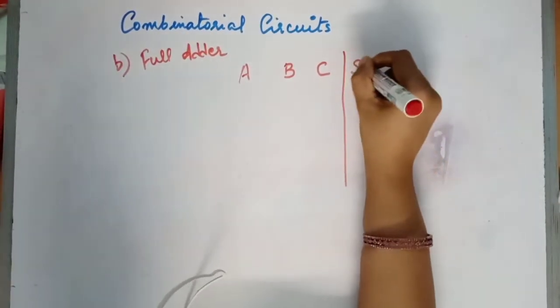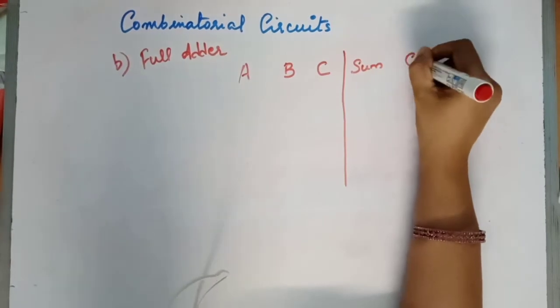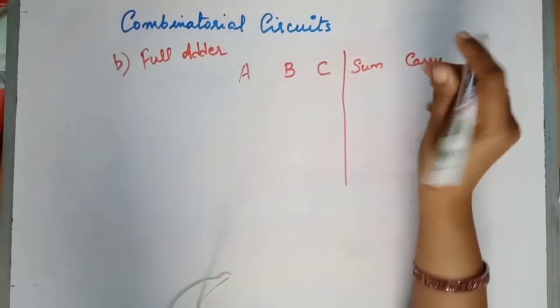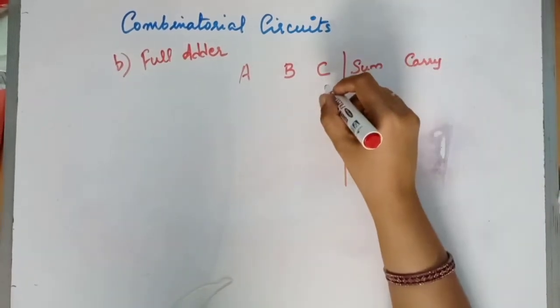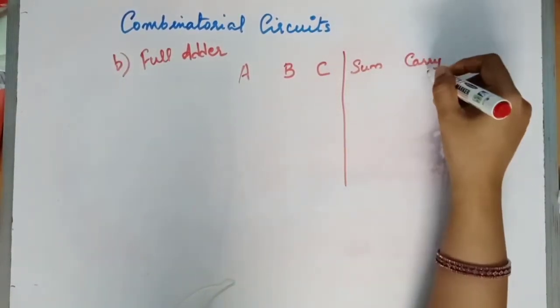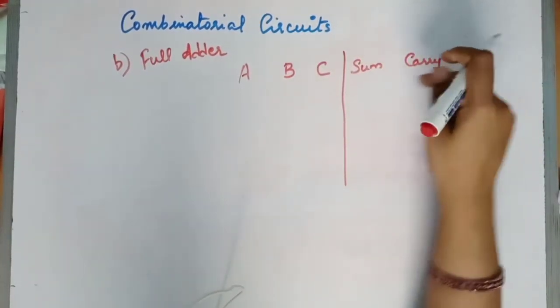And output is again sum, which we got as the sum, and carry is the carry to the next stage. This is from the previous stage which you will be adding. This is to the next stage, where in the next stage you will be adding this particular carry.